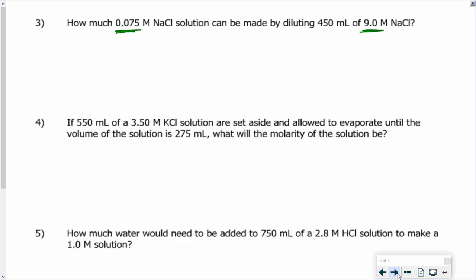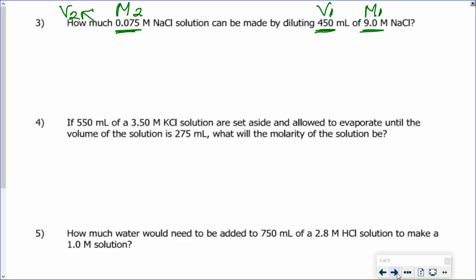That means that this is the concentrated one. So that's M1. And we're going to have 450 mils of M1, so that's V1. Now, how much can be made? It's given me a molarity, so that's got to be M2. And when it says how much, we're looking for V2.